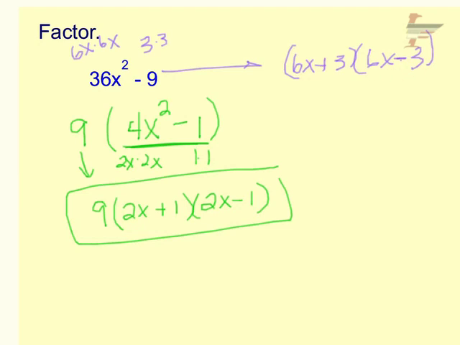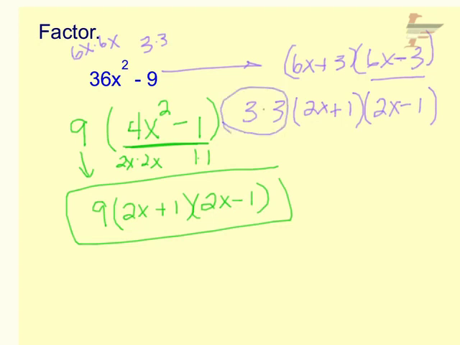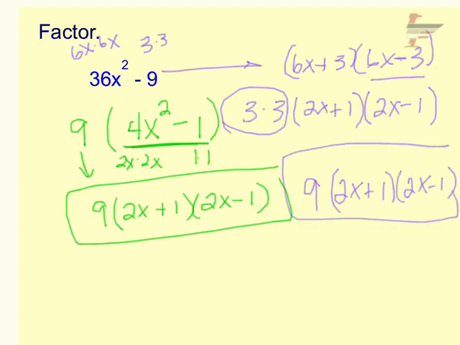You could factor a 3 out of this first parenthesis, and you would have 2x plus 1. And you'd say, oh, well, I could factor a 3 out of there, too. And you'd be left with a 2x minus 1. And those two 3's out in front would get multiplied, and you would have 9 times 2x plus 1 times 2x minus 1. So, same thing, but just a little bit less work if you can take that 9 out in the beginning.